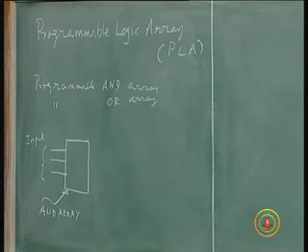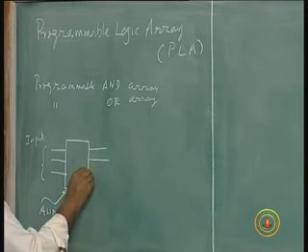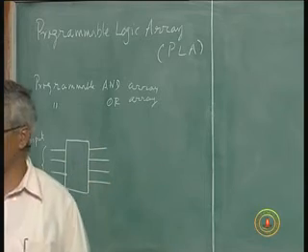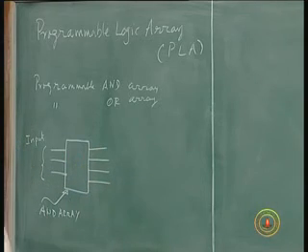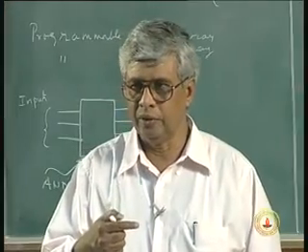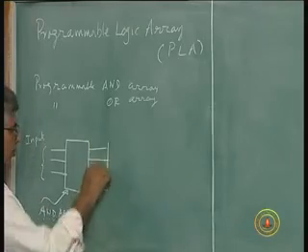Here what I will do is, I will generate fewer, let us say 4. That depends on how many and what are those terms, and will depend on the function to be implemented, the outputs. And those will be combined in the OR array.